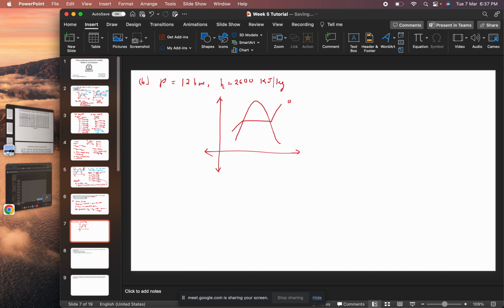This is your 12 bar pressure line, on a T-S diagram. If this is point number 1 and this is point number 2, H1 is HF at 12 bar.